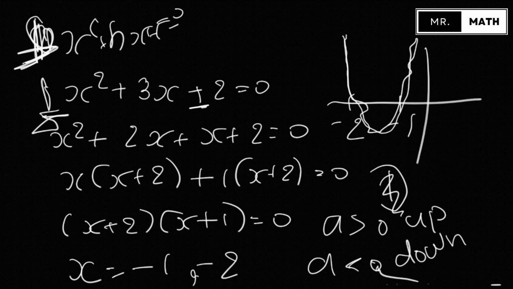You just need to keep in mind these two things. Now what if the equation has imaginary roots? The roots can be real or imaginary. In the case of real roots, if a is greater than 0, it is an upward parabola. If a is less than 0, it is a downward parabola. Correct? This is the case for real numbers.